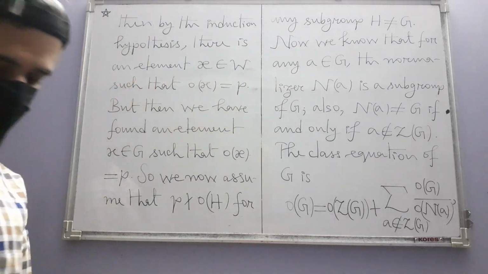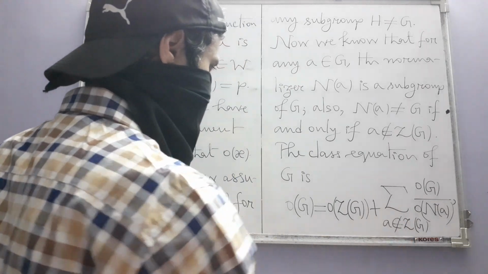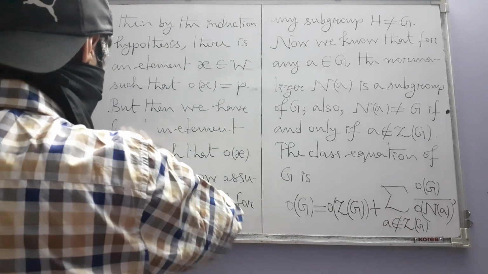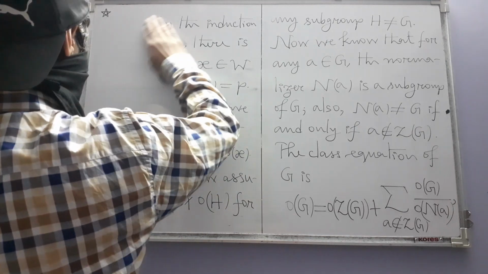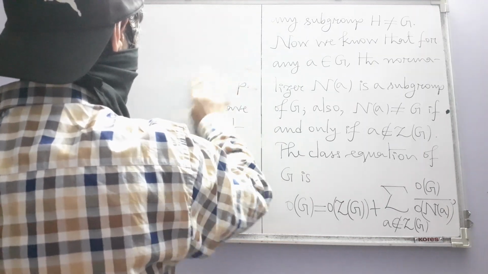But of course we have to also write about this sum, that is, how the sum is varying. Sum is varying means how many terms there are. We have to write about that.